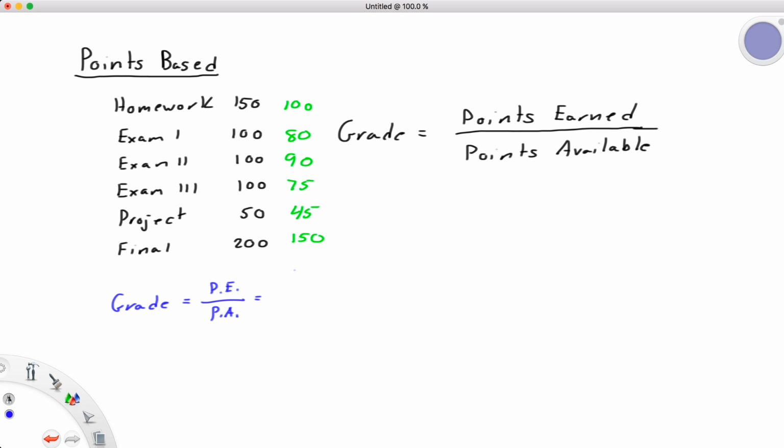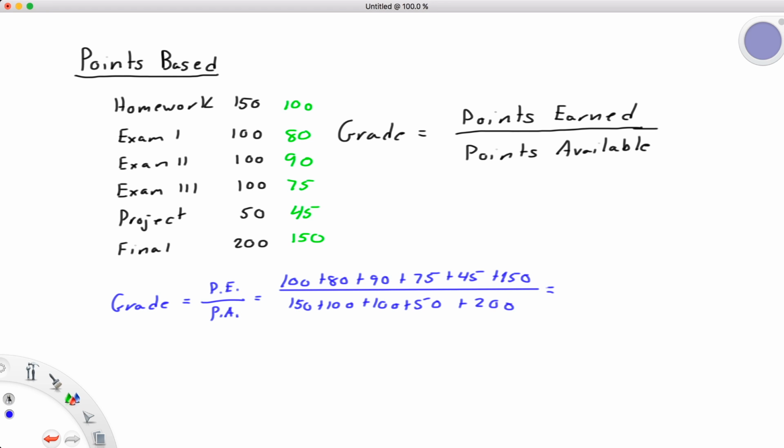So 100 plus 80 plus 90 plus 75 plus 45 plus 150, all divided by 150 plus 100 plus 100 plus 50 plus 200 for the points available.